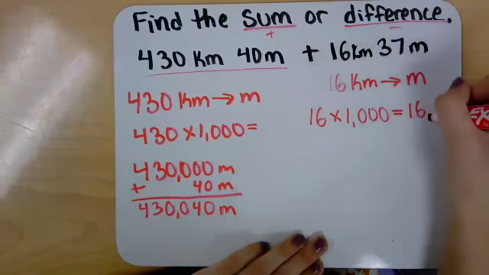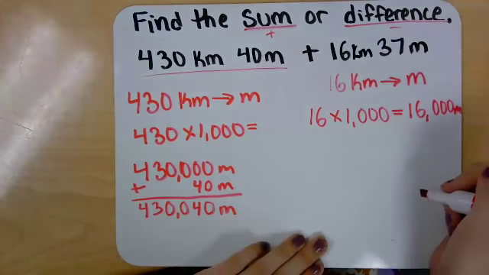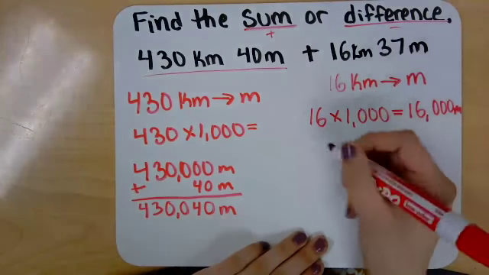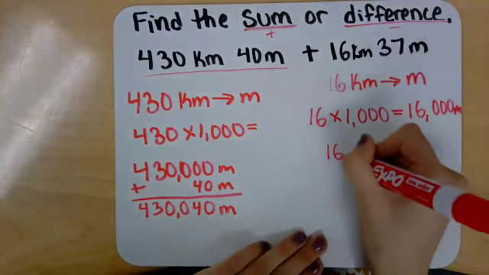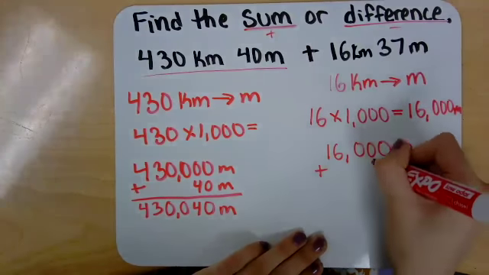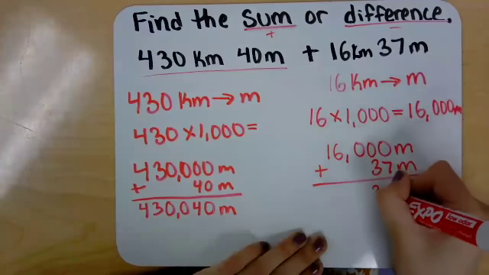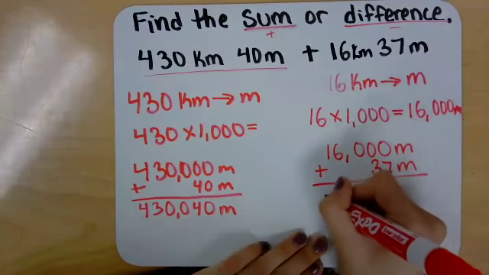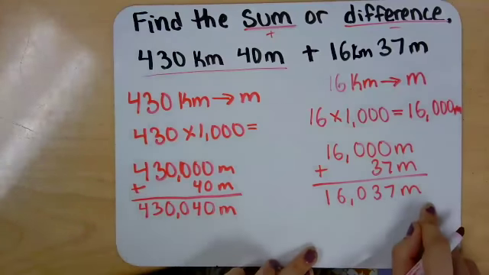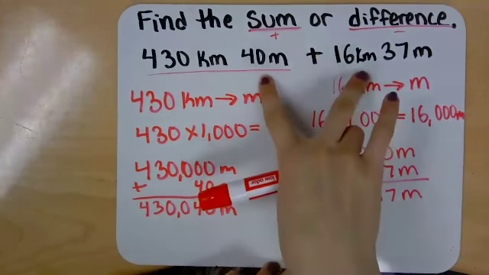So we get 16,000 meters. Okay, but we still have our 37 meters right here. We don't want to forget that. So let's add our 16,000 meters and our 37 meters. Okay, and we get 16,037 meters. Okay, so we found two halves of our problem.